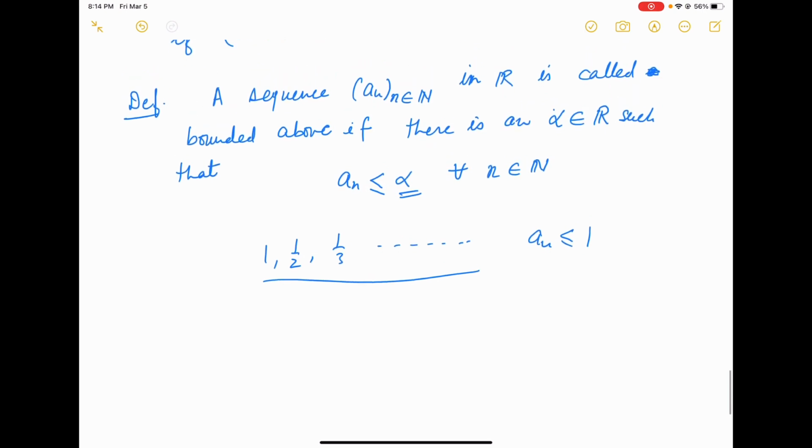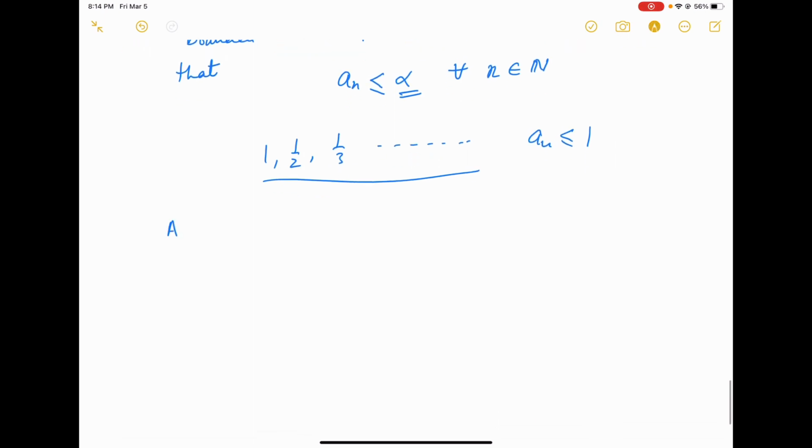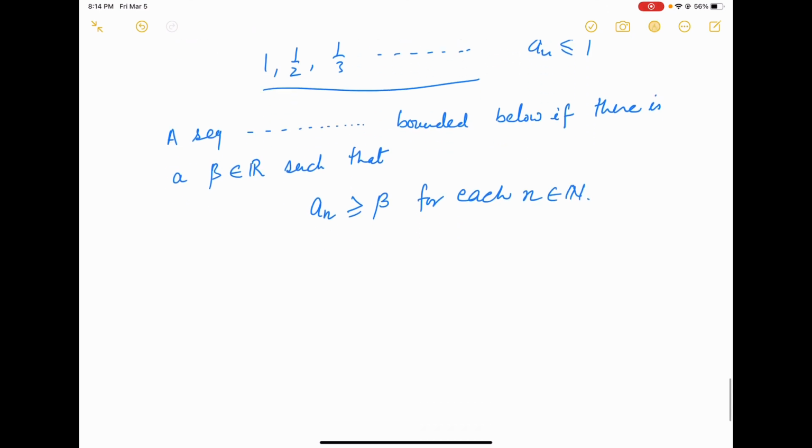Next definition: a sequence a_n in R is called bounded below if there is a beta belonging to R, that is, there exists a real number in R, such that a_n is greater than or equal to beta for each n where n belongs to the set of natural numbers.